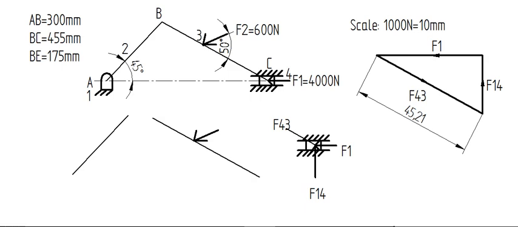Okay, so now this part is over. So you got F43, F14, and here F1 which was there. Next, F43 and F34 will be nothing but opposite in direction.